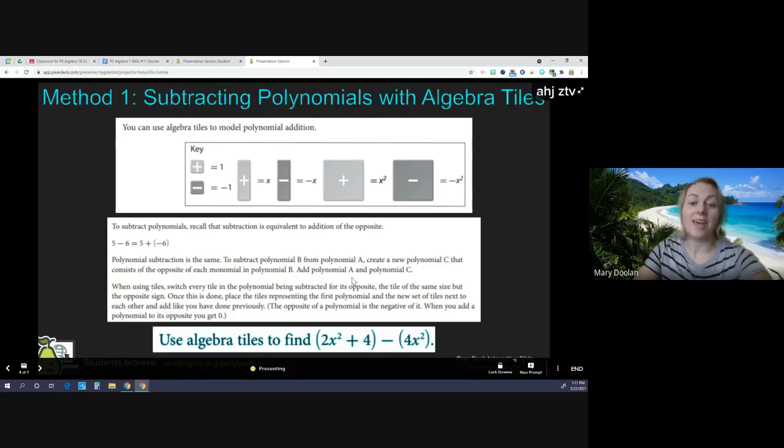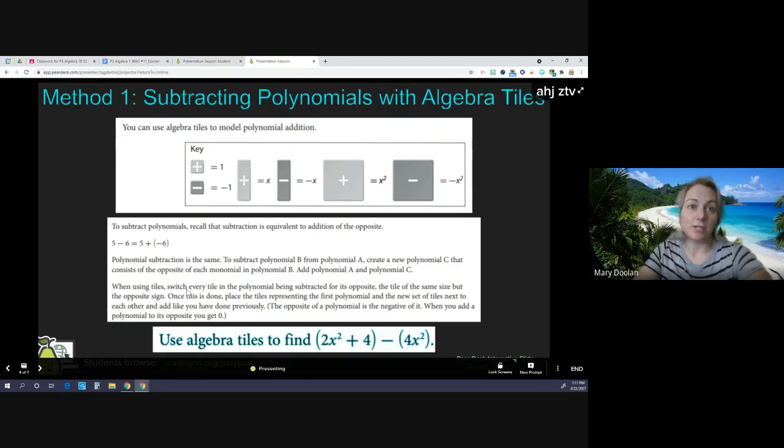Then we can just add polynomials a and c together. This is true for all the methods: we're going to rewrite the second polynomial as the opposite of all those terms.